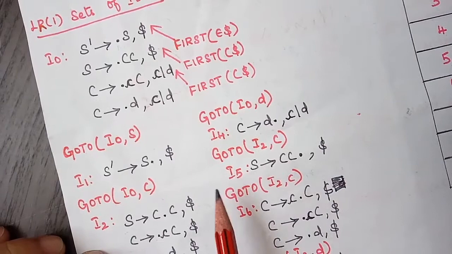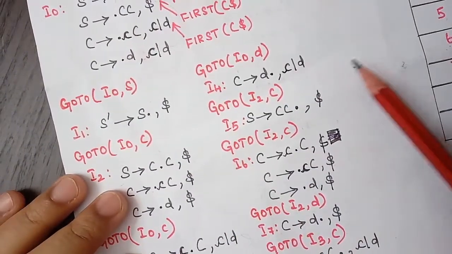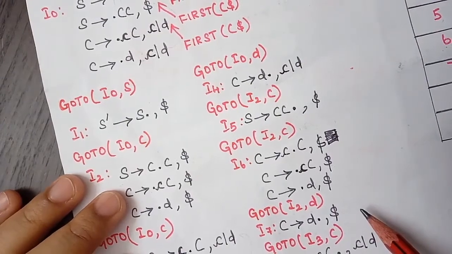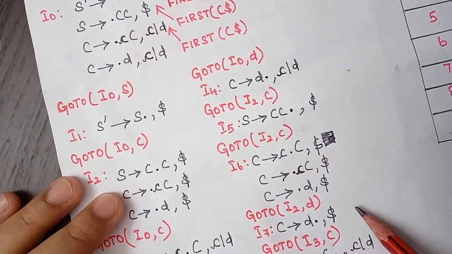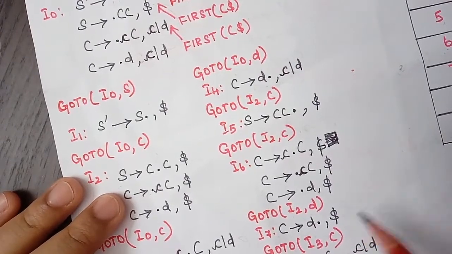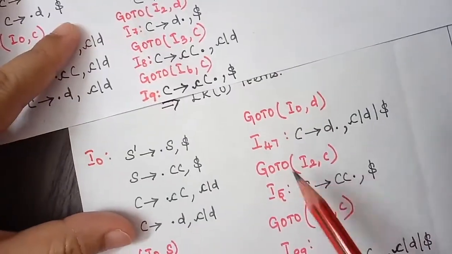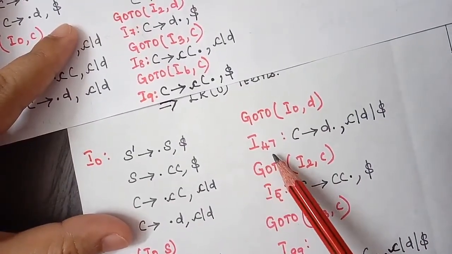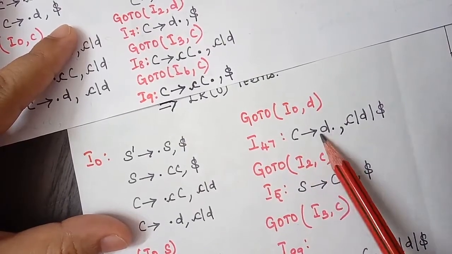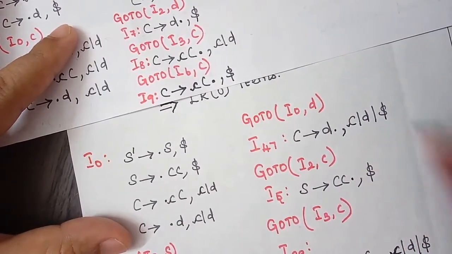Then coming to I4, I4 and I7 are common with different lookahead symbols, so now we need to combine I4 and I7. When we combine them, this becomes I47, which contains C implies D dot, and the lookahead symbols are C, D or dollar.